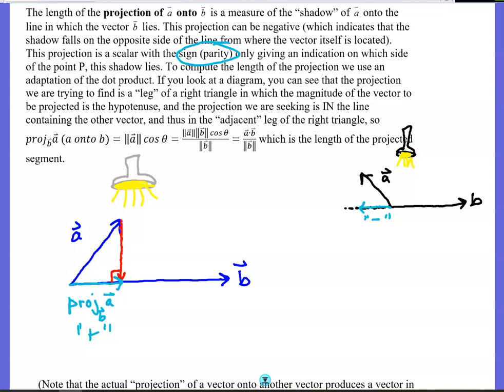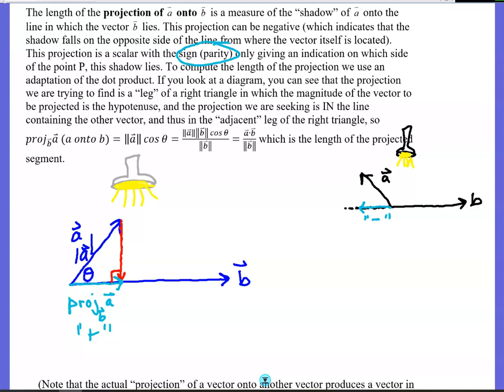Okay, so let's say that we were trying to find this projection, and I'm going to use this diagram. This is just a little more friendly. So we have a right triangle. Let's talk about what we know. Well, if we want the length of this projection, we do know the length of A because we should have that vector, and we technically know B. So if we know the length of A, and we know this is a right triangle, imagine for a second that we knew this little angle here.